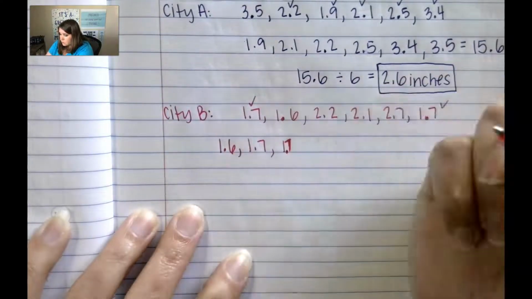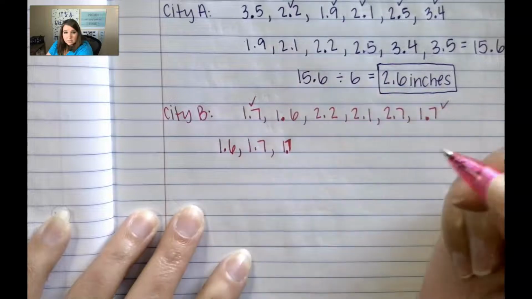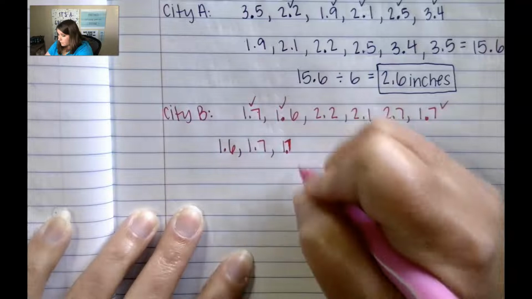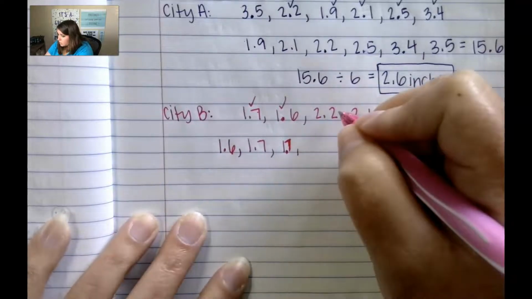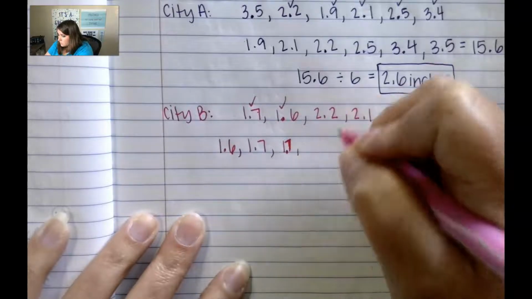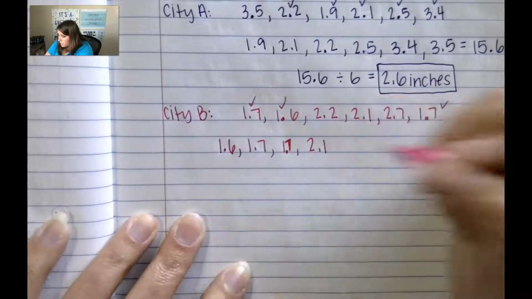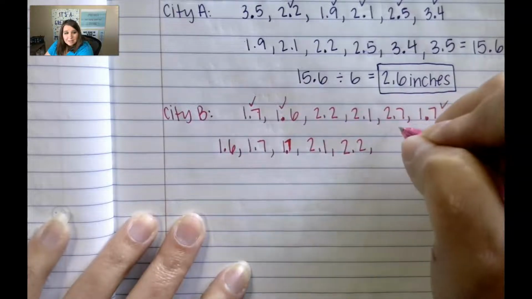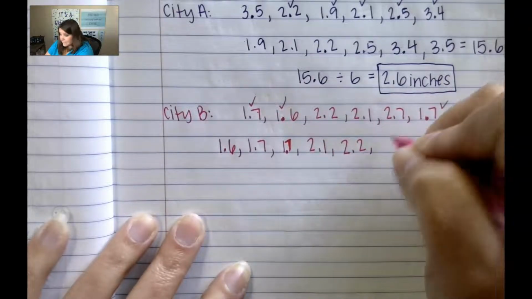So 1.6 should be first because 6 is smaller than 7. So 1.6, 1.7, 1.7. Now we're at the 2s. So 2.2, 2.1, and 2.7. So 1 is smaller. So 2.1 followed by 2.2. And 2.7.